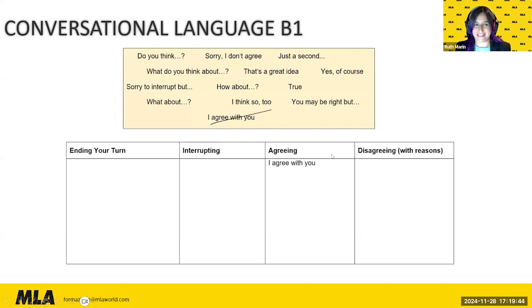Let us know in the chat. Or, for example, for interrupting, it's very clear: Sorry to interrupt, but... What happens with this is that students buy a little bit of time. They buy thinking time. They use this sentence and then they produce the language. Okay, anybody in the chat?